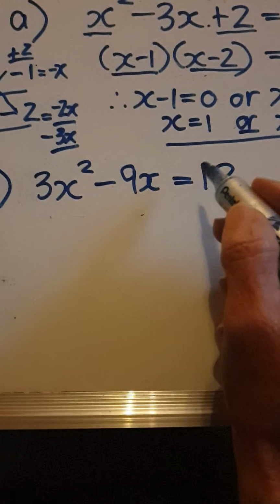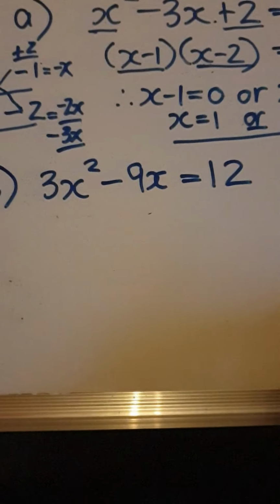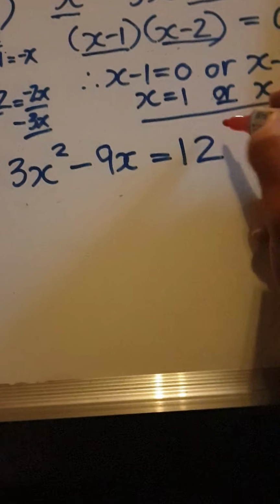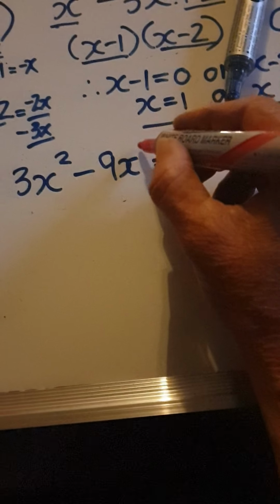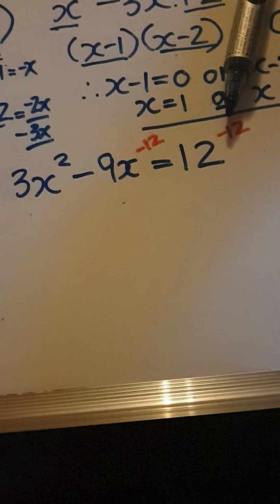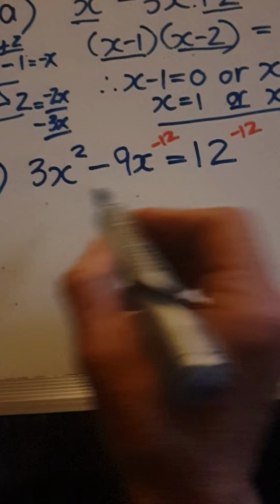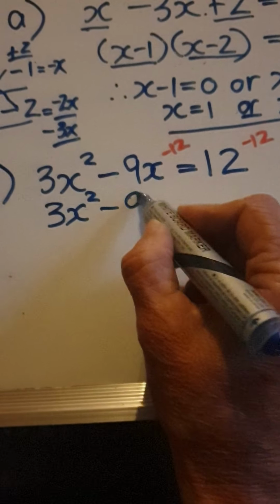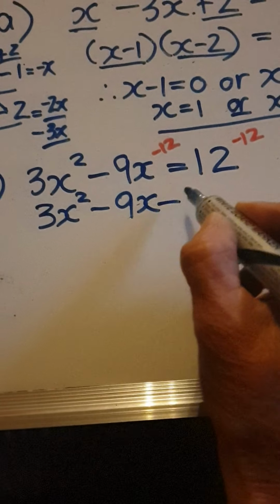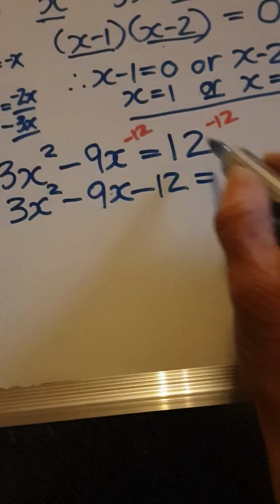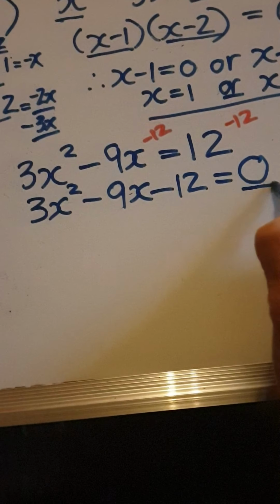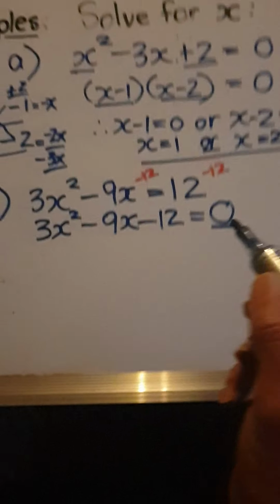So we're just going to take the 12 to that side. We use inverse operations, so I'm going to subtract 12 on both sides. I'm just going to rewrite this, and I get 3x squared minus 9x minus 12 must be 12 minus 12, which is 0. And the 0 is what I want on the right hand side.